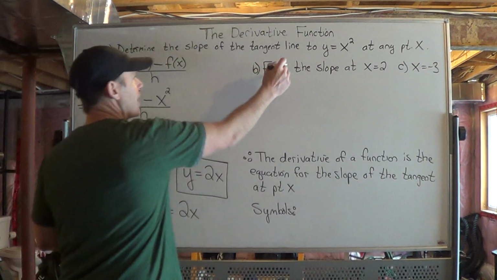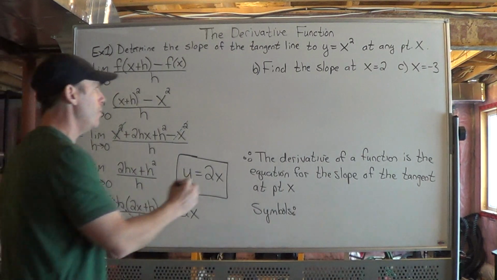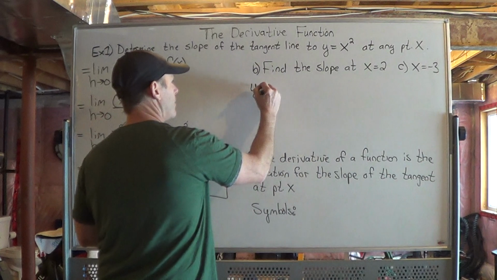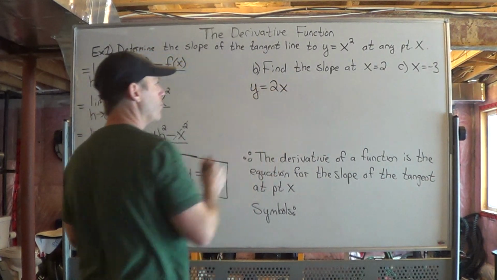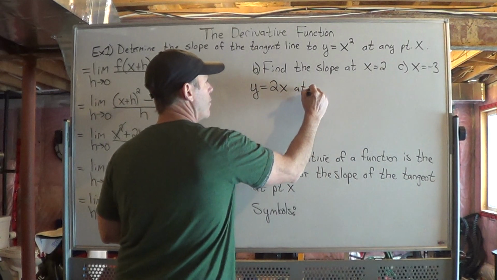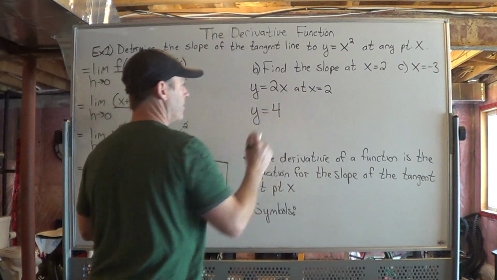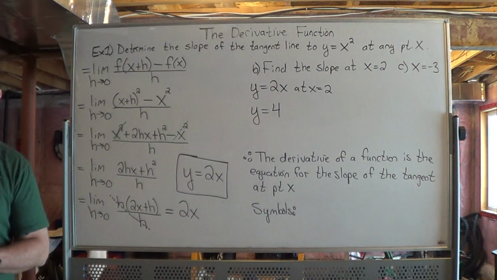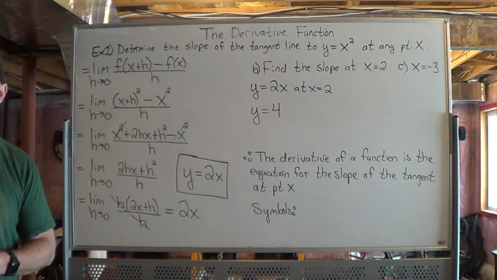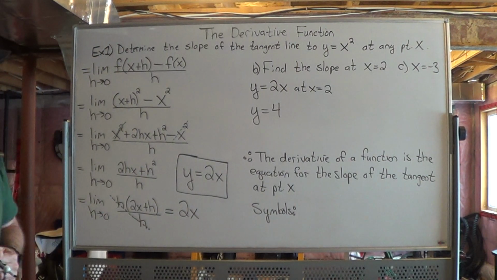Alright, so in this case, find the slope of the tangent line at x equals 2. Well, there's the equation, y equals 2x, and at x equals 2, I substitute that, well, the slope of the tangent is just 4. 2 times 2. No problem. Again, didn't have to do all this with the x value of 2.